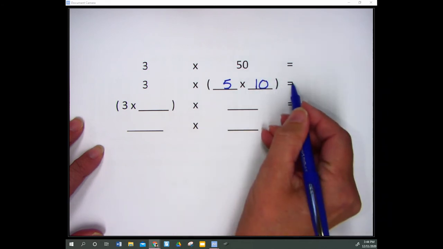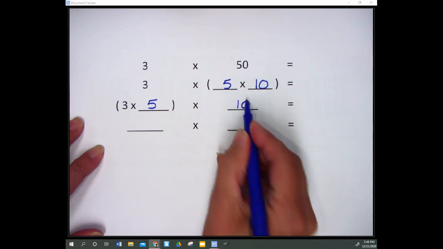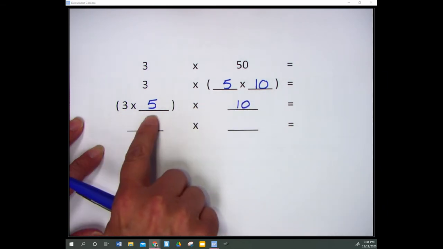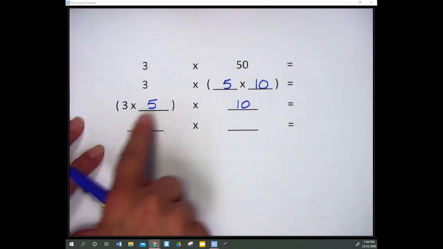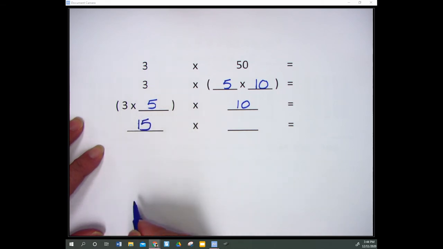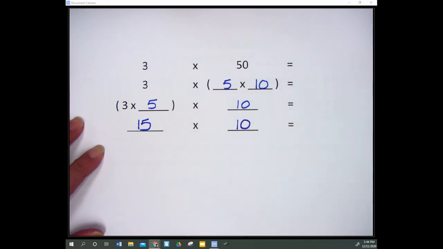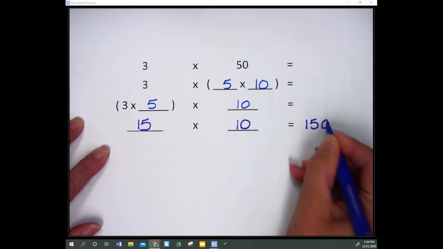That's equal to 3 times 5 times 10. Did you notice how I changed the grouping here? I put the 3 times 5 together. Okay, and that is because 3 times 5 is 15. That's one of those lovely multiplication facts that we memorize. And doing 15 times 10, that's a little bit easier for me to do in my head. 15 of those 10s would be 150.